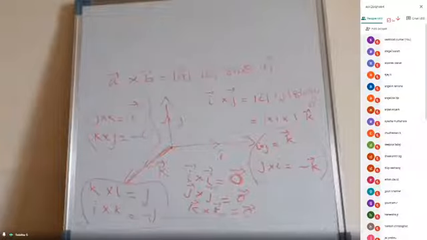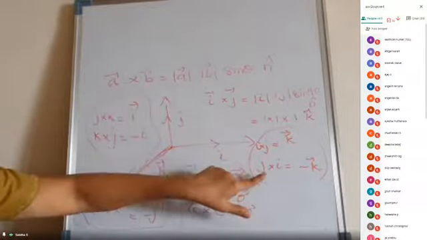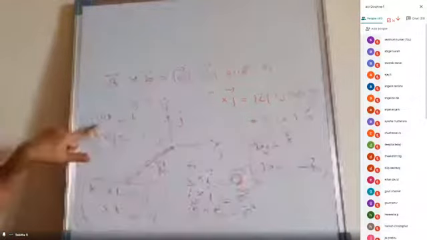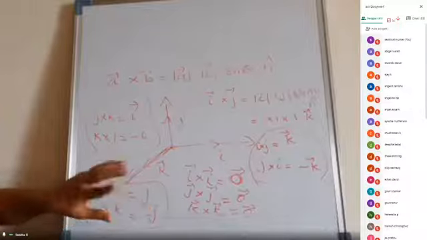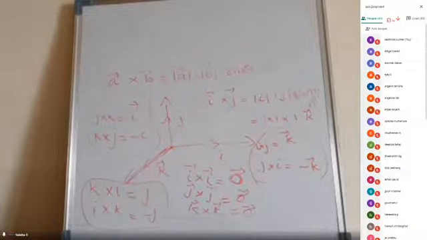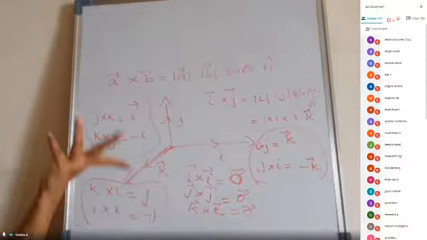So A cross B is a vector product. I cross J is K vector. J cross I is minus K. J cross K is I. K cross I is J. I, J, K should be in cyclic order. What about I cross I, J cross J, K cross K? 0, because sin 0 is 0.